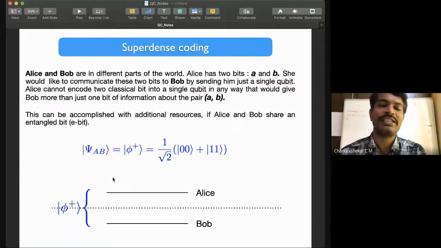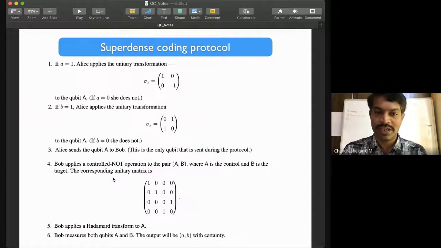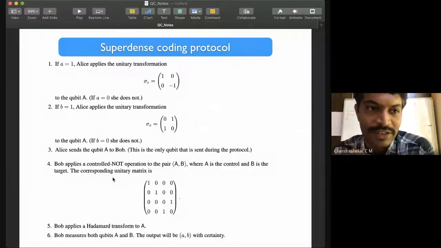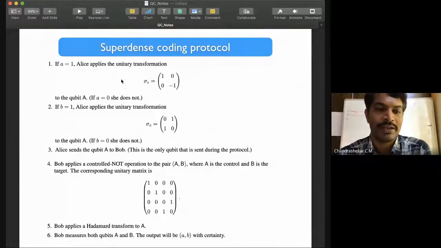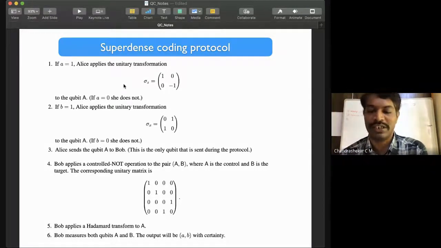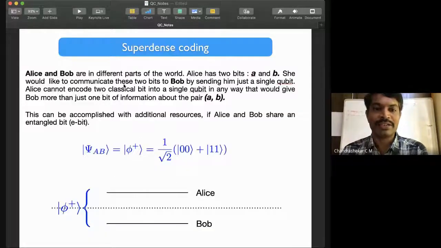After that she sends it, and they get an output. How we do this as operations, we'll see here. It involves a few steps, and you have to look at each and every step. Alice knows what she has to send. It's not that she's sending any information which even she does not know. Alice knows the values of A and B which she has to send. Only Bob does not have any idea about it.